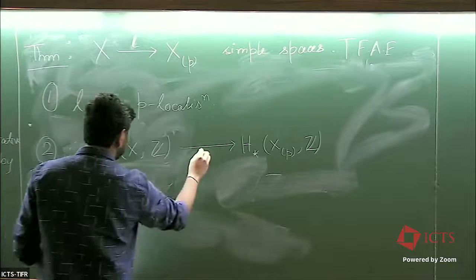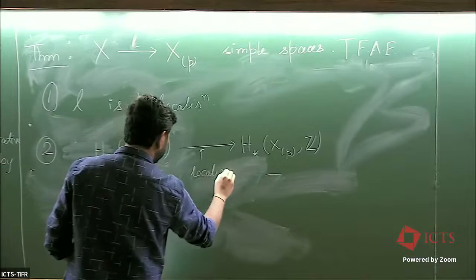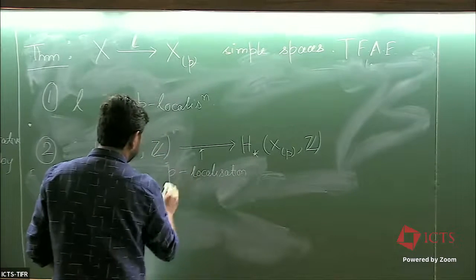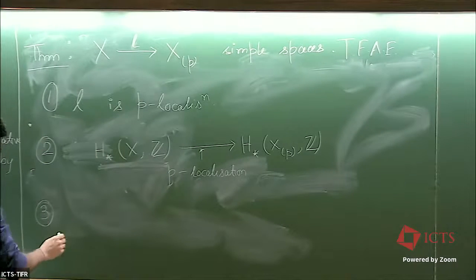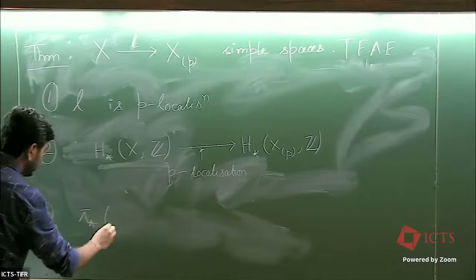So this map is the P-localization for abelian groups. And three, the same holds true for homotopy groups.